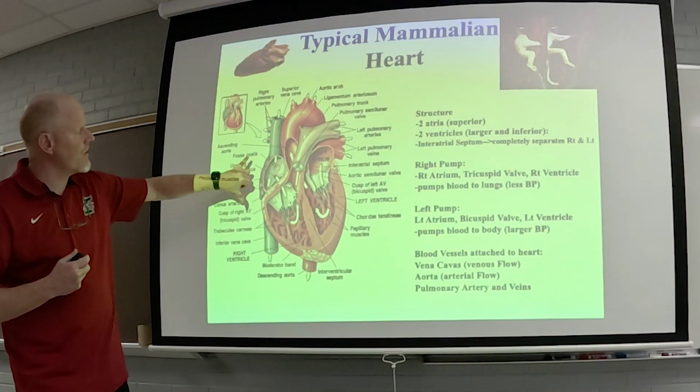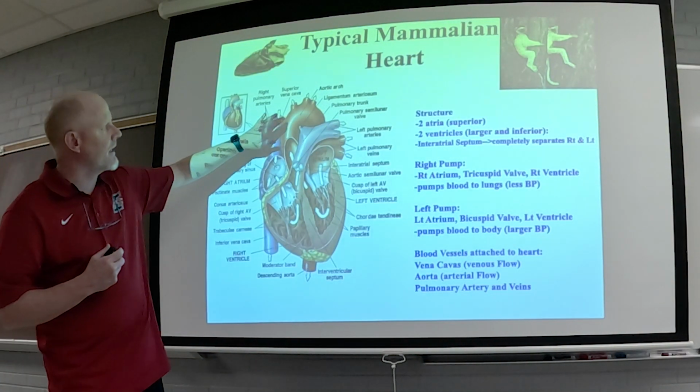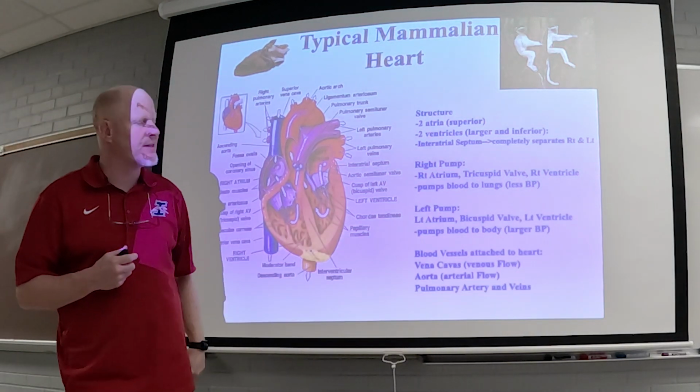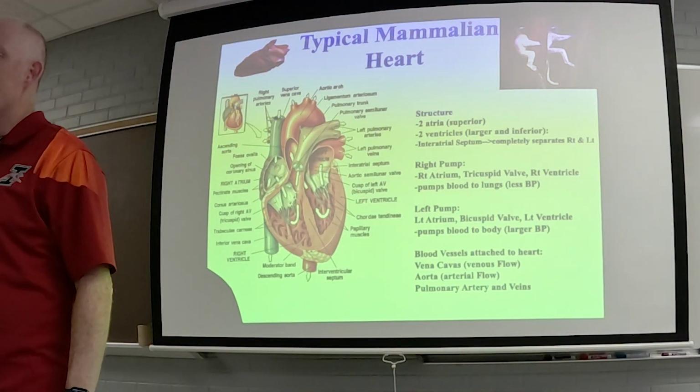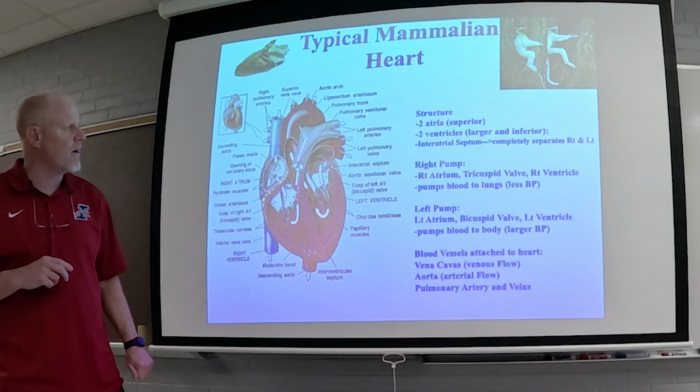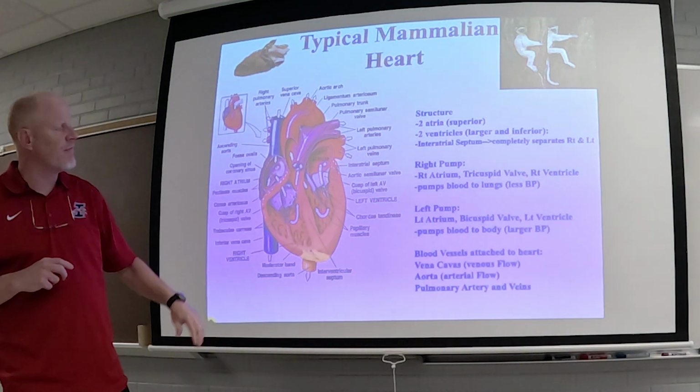So the vena cavas are the largest veins, the aorta is the largest artery, and then the pulmonary arteries and veins connect the heart to the lungs in mammals. So that's at least understanding blood flow.